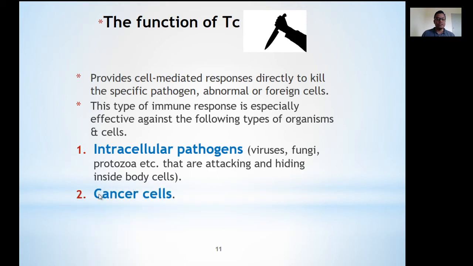Second, the mutated cells, tumor cells, which are also termed cancer cells, and cells of tissue transplant, which are foreign cells.